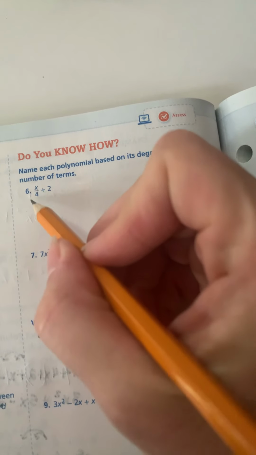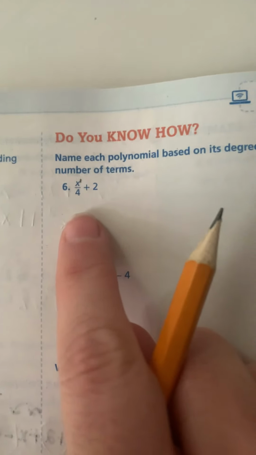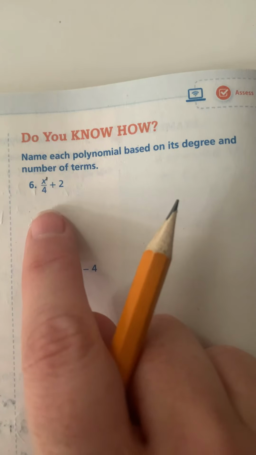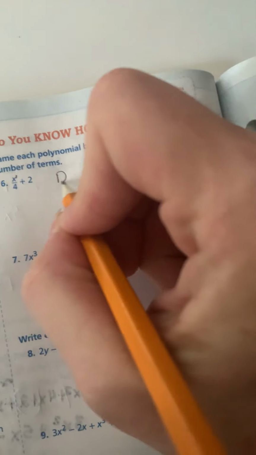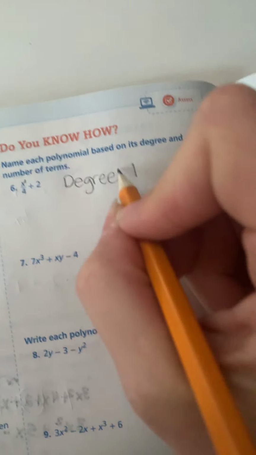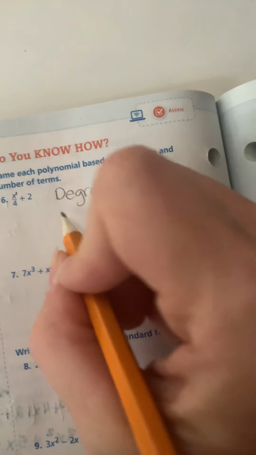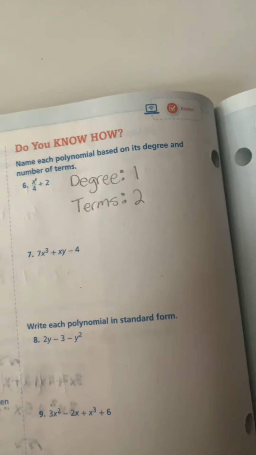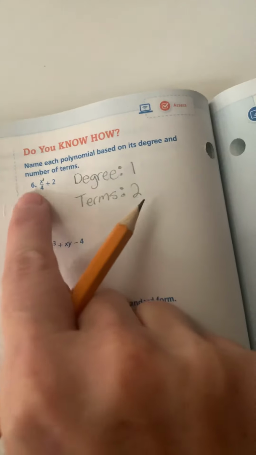So we have one term here, and there's just an x. Remember, x has an exponent of 1, so my degree is 1. And the number of terms is 2, because there's 1, 2.